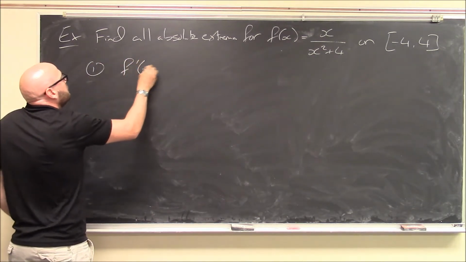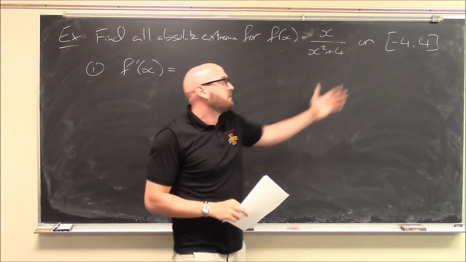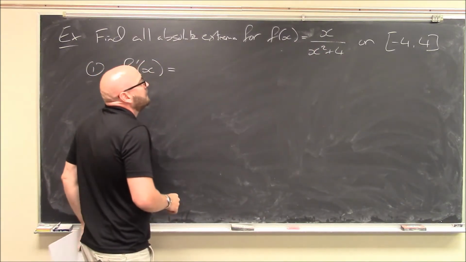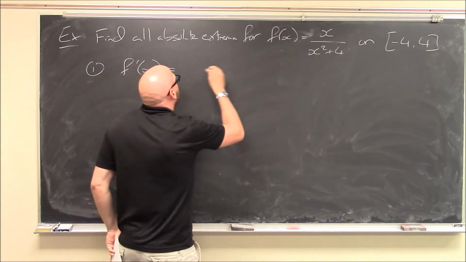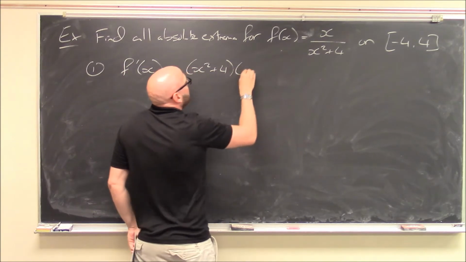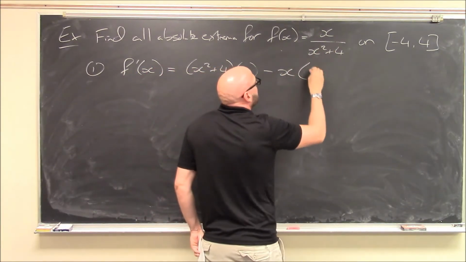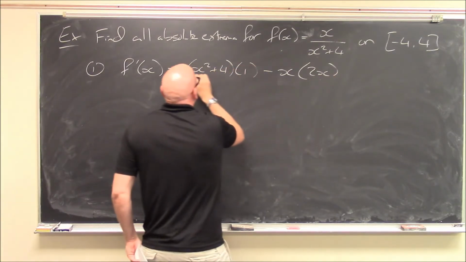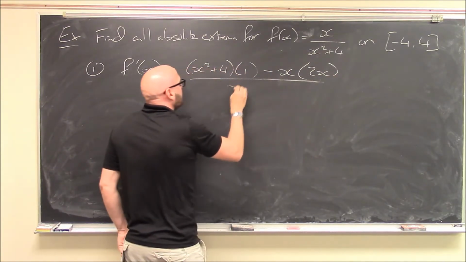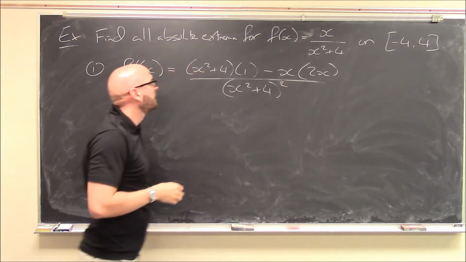I need the derivative. Rational expression, I'll use the quotient rule to find the derivative. It's going to be low d high, the bottom, x squared plus 4, times the derivative of the top, derivative of x is 1, minus the top, x times the derivative of the bottom, 2x, all over the bottom squared, x squared plus 4 squared.